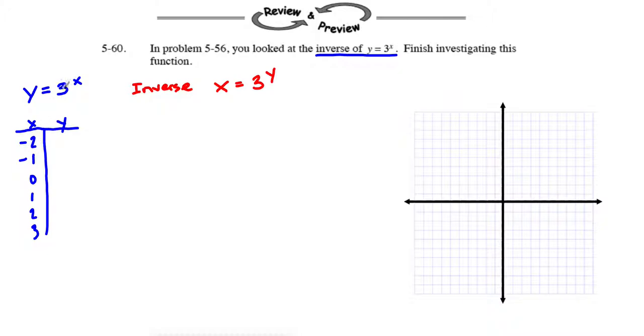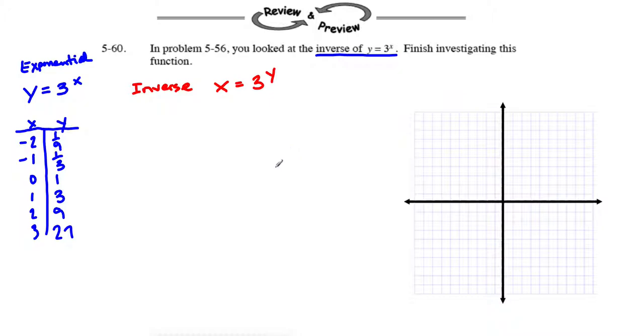So when we take -2 and we plug it in here, we should get 1/9. Plug in -1, we should get 1/3. Plug in 0 for x, you should get 1, then 3, then 9, then 27. So simply plugging in the input for my x value in this exponential function. This is an exponential function here, and we're getting our outputs there.